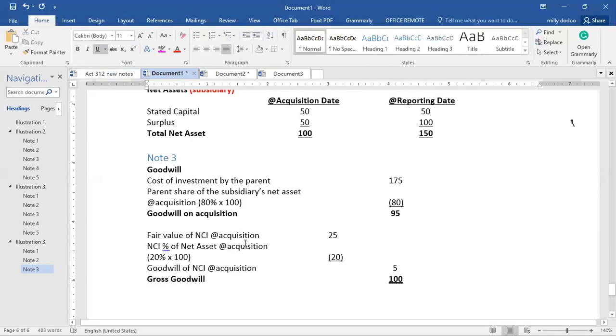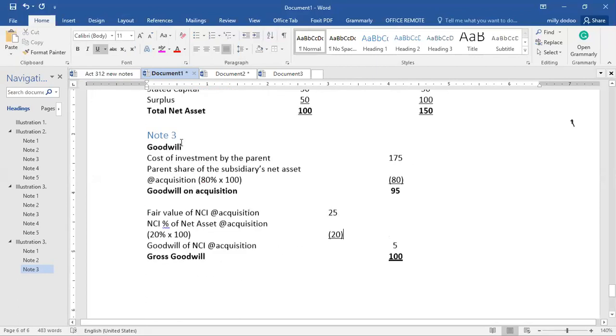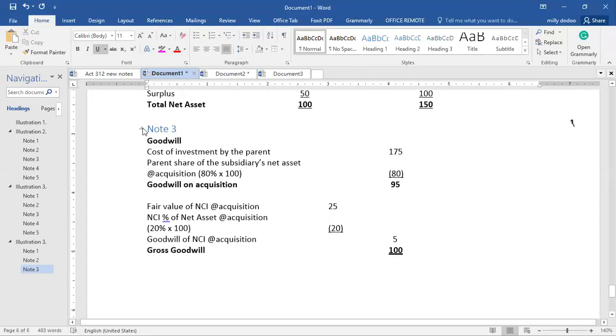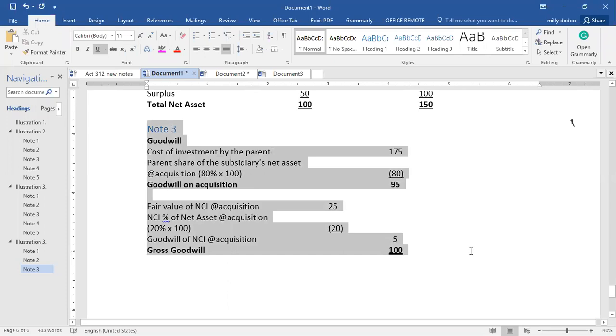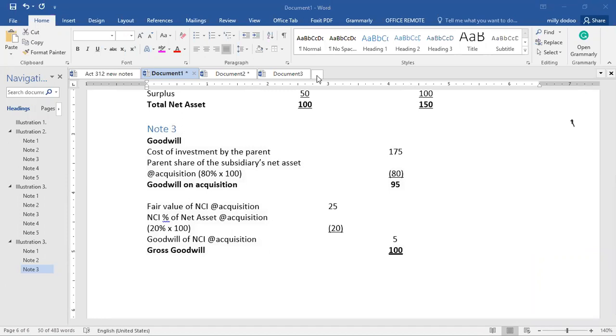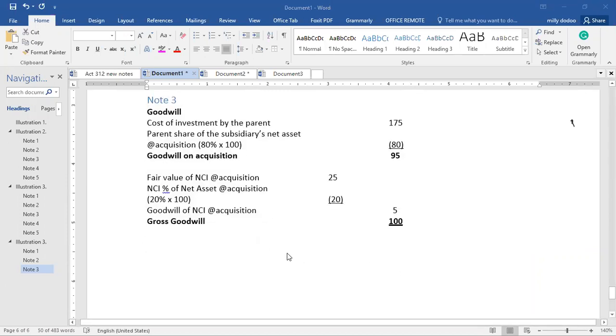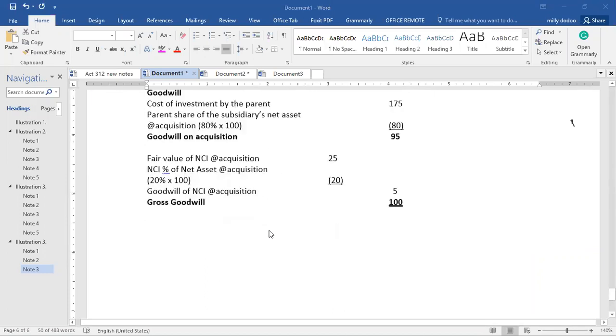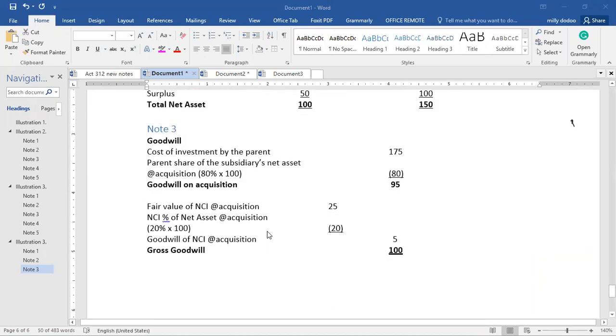This is all what changes the whole game. Once you are able to understand how to determine the goodwill here in note 3, then it means your understanding of the fair value of NCI is well grounded.